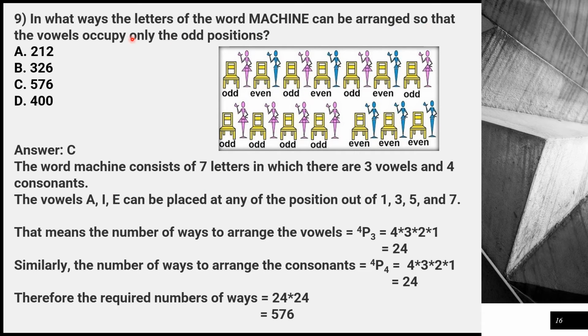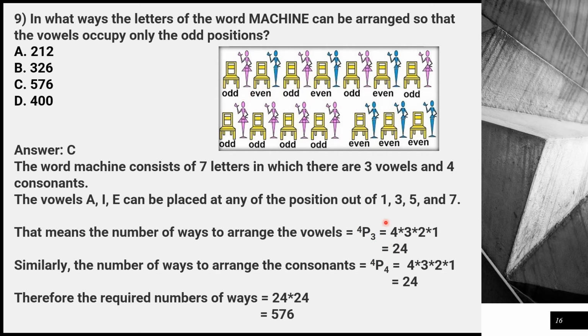At first they are asking to arrange vowels in only odd positions. So how many odd positions are there? 1, 2, 3, 4, right? But only 3 vowels are there. You can place them anywhere, in which only the odd positions are used. So there are only 3 vowels, out of 4 positions. So that is 4P3.